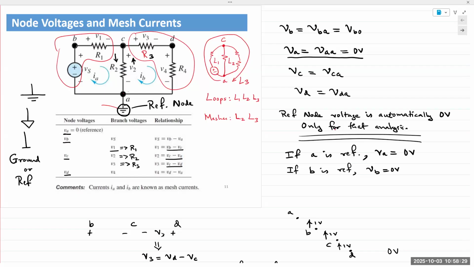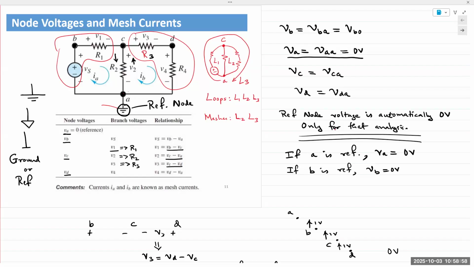If you have a voltage source in your circuit and you choose the negative end of the voltage source as your reference, meaning the negative end of the voltage source is at 0, then you automatically have the answer for the node voltage at the other end. So in this case, node B, VB, is equal to VS. We have now eliminated the second node.